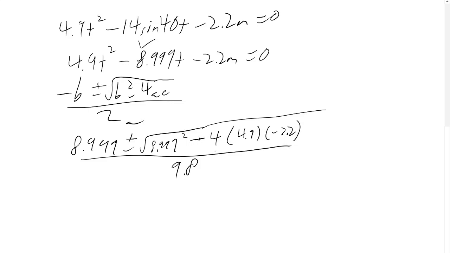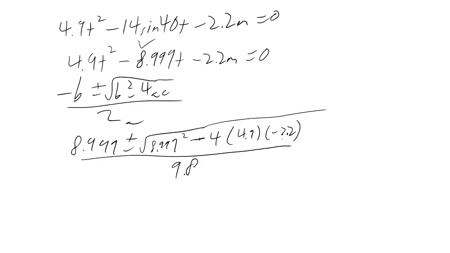So start by squaring the 8.999, and then I usually just do this part in the radical on my calculator because it's kind of a nuisance to write it all out.